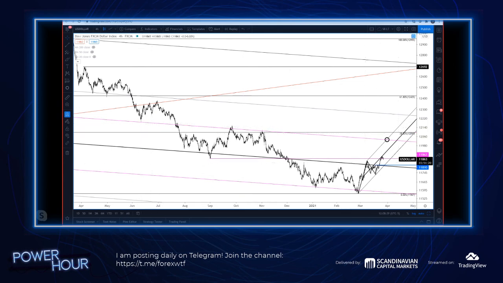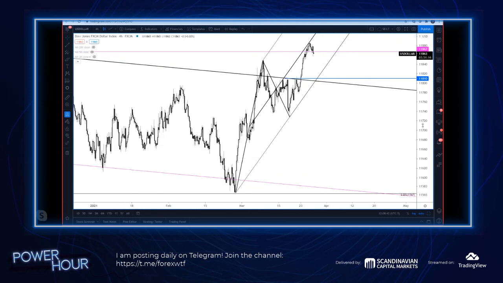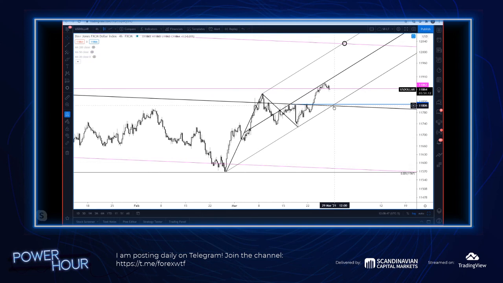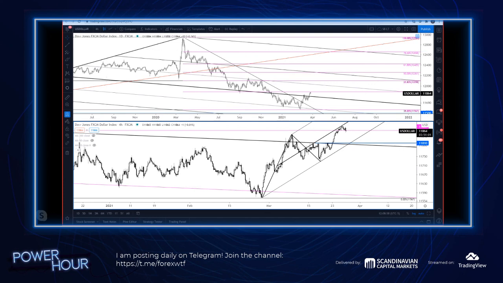So again, those are the key levels. Essentially, if you're sitting at home right now or in your office, your levels to watch here are 11,810 or so, and 12,030.